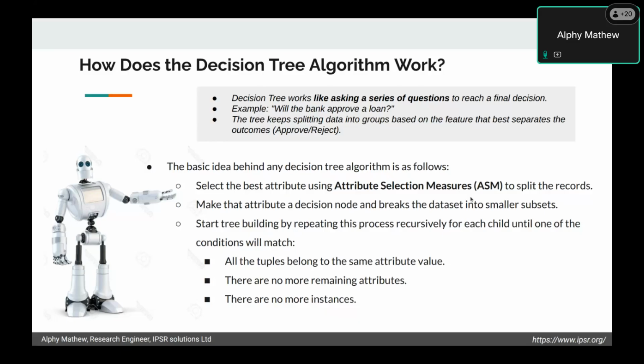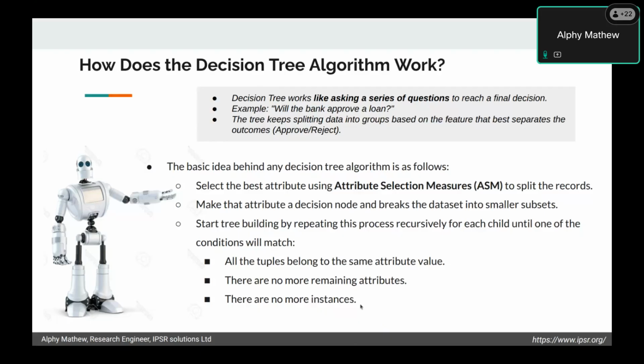There are mathematical formulas for this. We find the best attribute, and according to that attribute we start building the tree, and iteratively we build the tree until one of these conditions is met: either all the data points in the branch belong to the same class, or no more attributes are left to split, or there is no more data, no more rows to divide. Until any of these three conditions is met, the same process of finding the best attribute and splitting is done continuously.